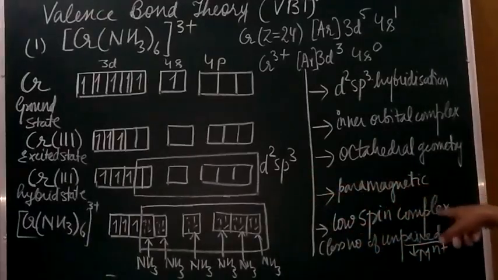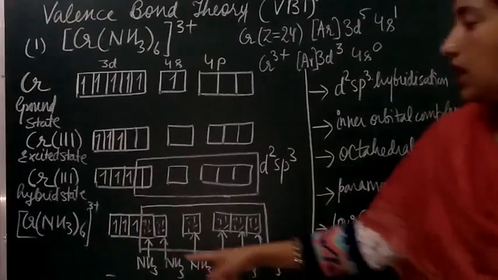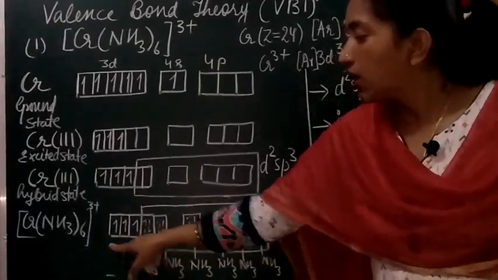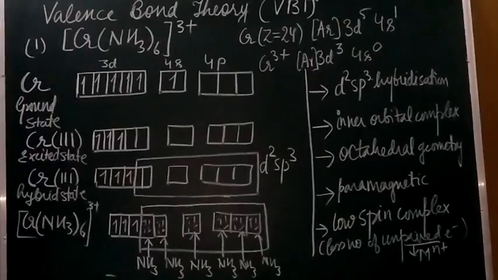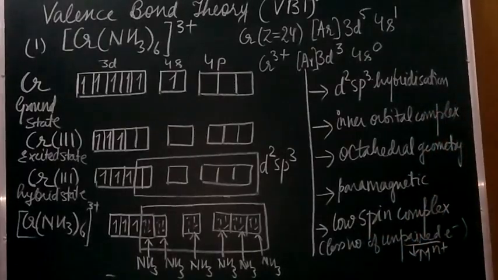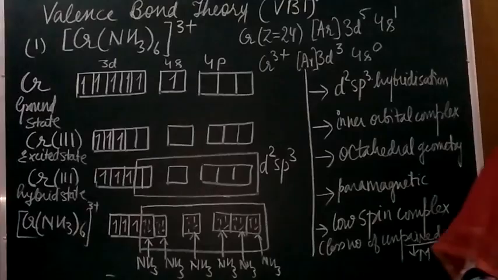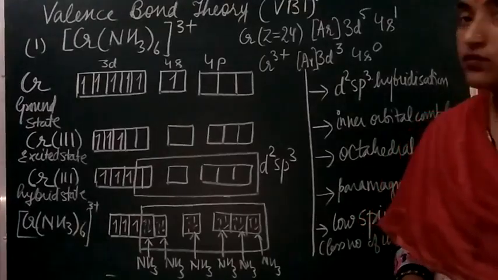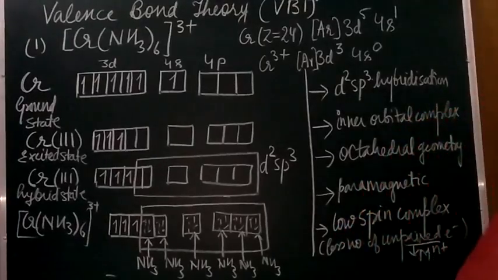It is paramagnetic in nature because the electrons of the metal ion are unpaired here, and it forms a low spin complex as it is an inner orbital complex, and it has less number of unpaired electrons. So students, we have to practice this. A few more examples we are going to discuss.